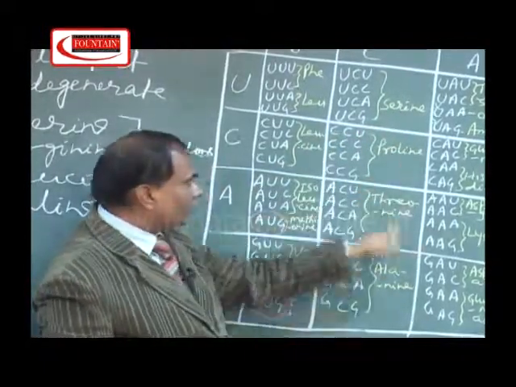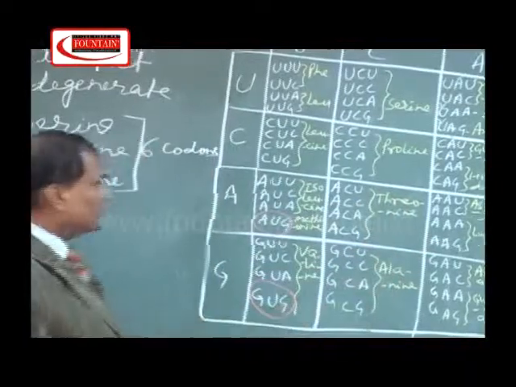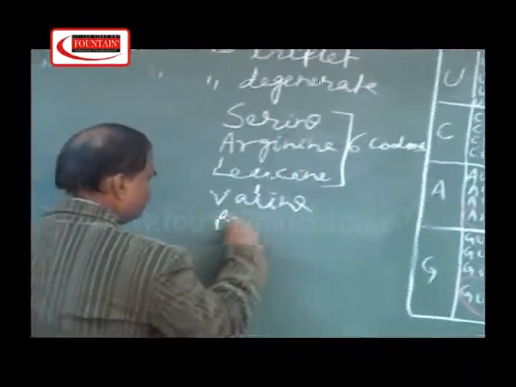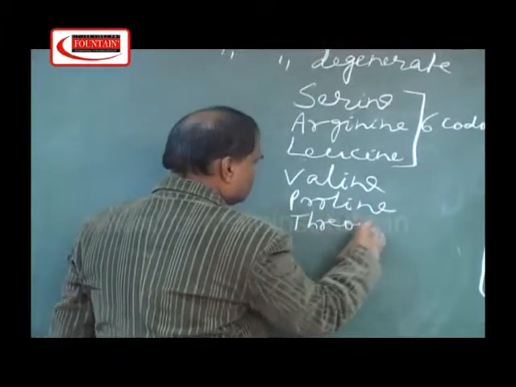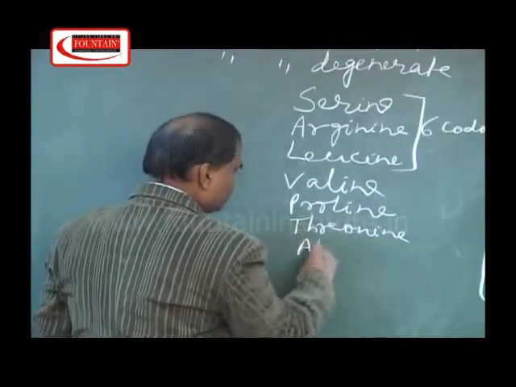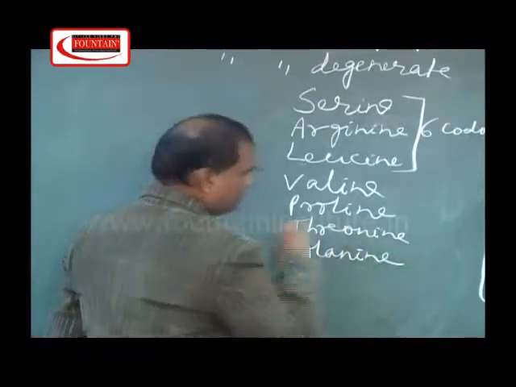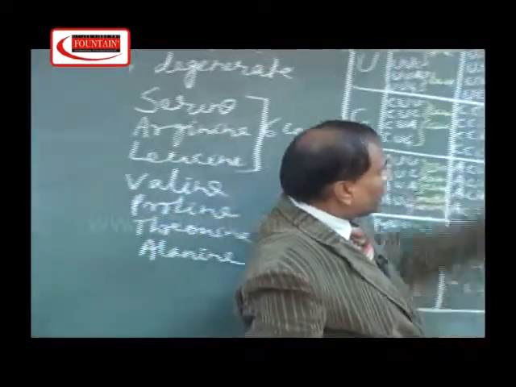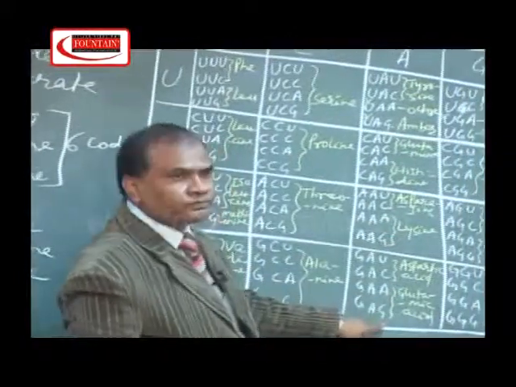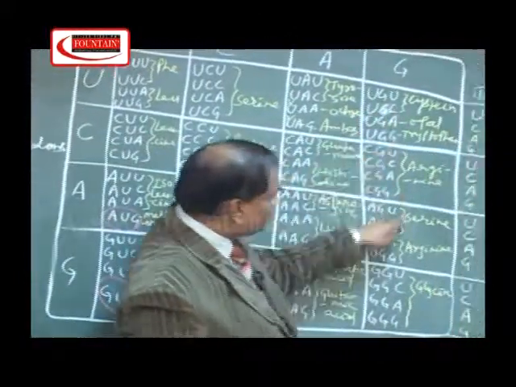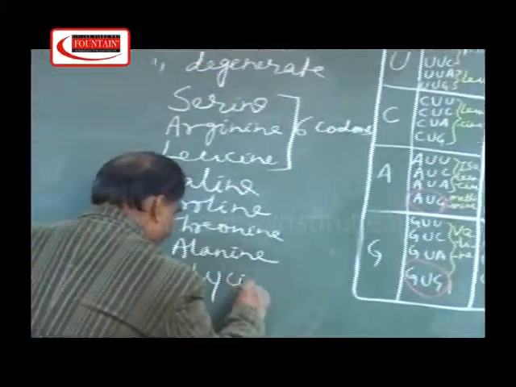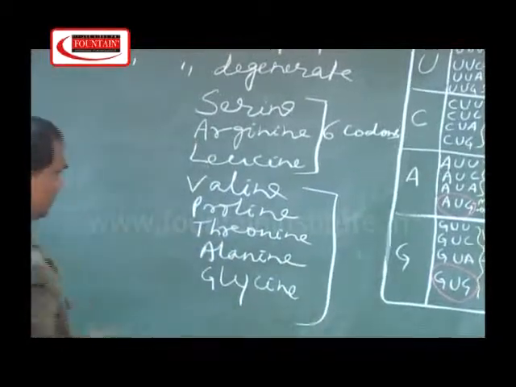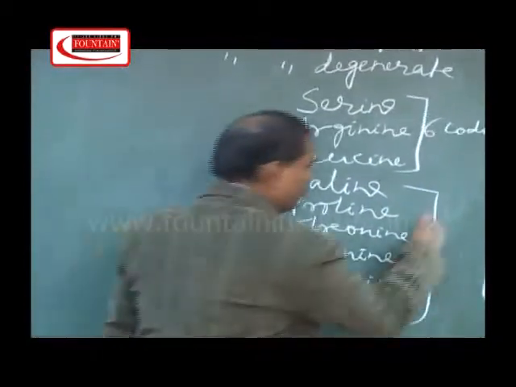So all the 3: proline, threonine, and alanine. These 3. In this, no one. Whereas in this column also only glycine. And these are the 5 amino acids which have 4 codons.